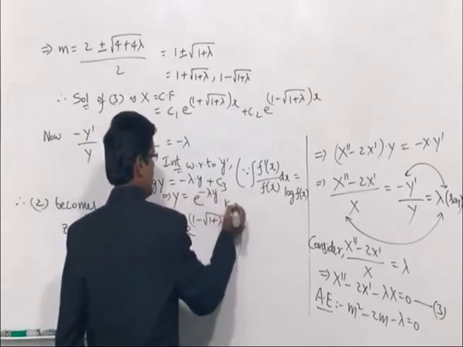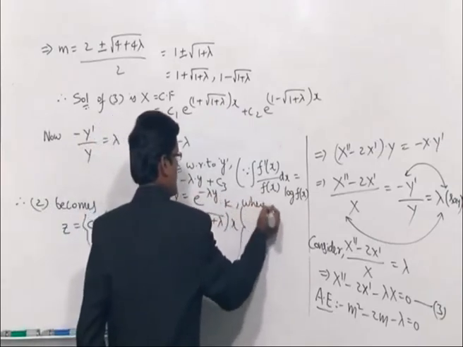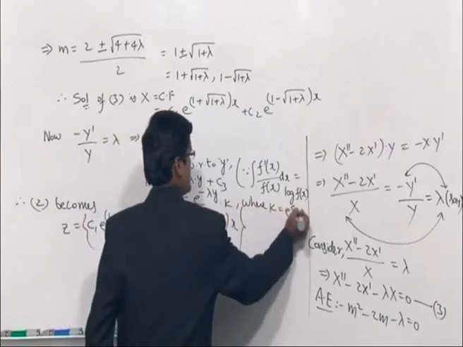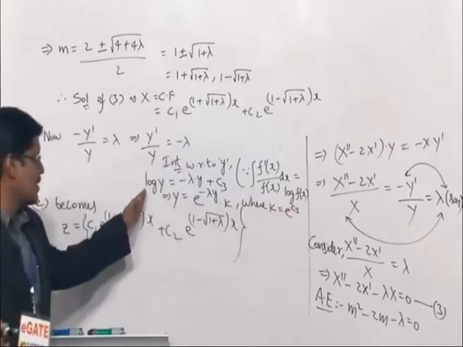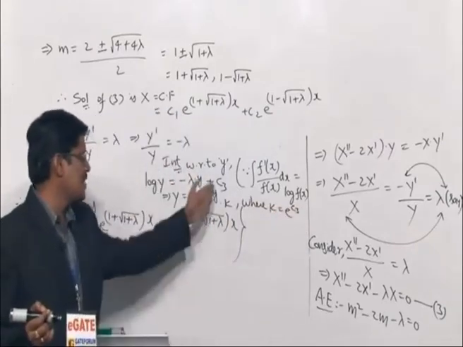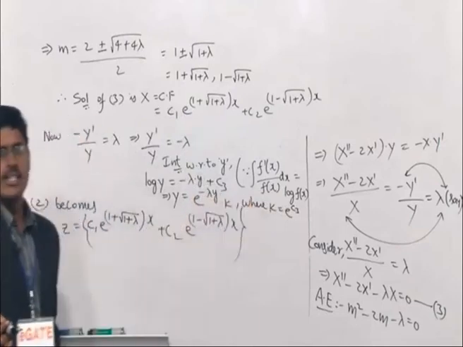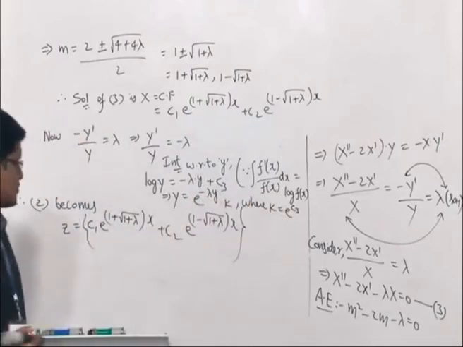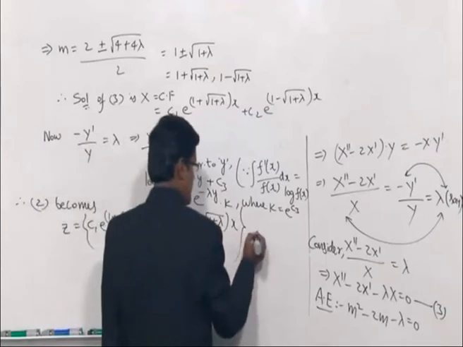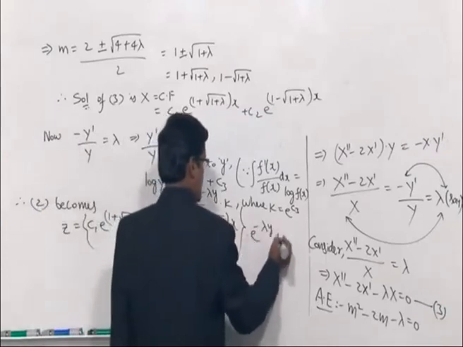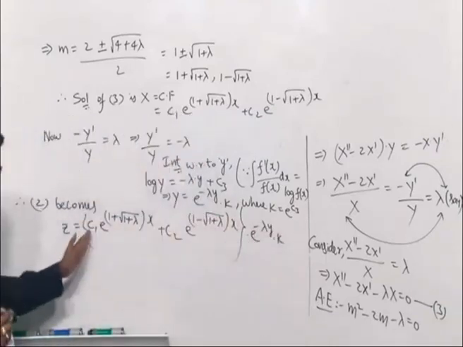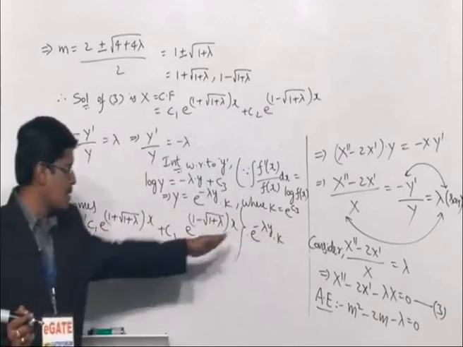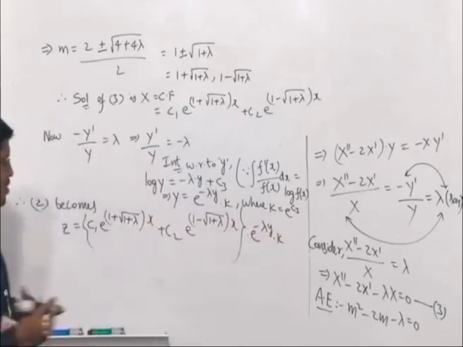into some k, where k is equal to e power c3. Using logarithm properties, eliminate the logarithm, e raised to the right side; e power c3 I have taken as some k. Now this is e power minus lambda y into k. So just merge this k into c1. K is multiplying with c1 and k is multiplying with c2. Take some other constants.